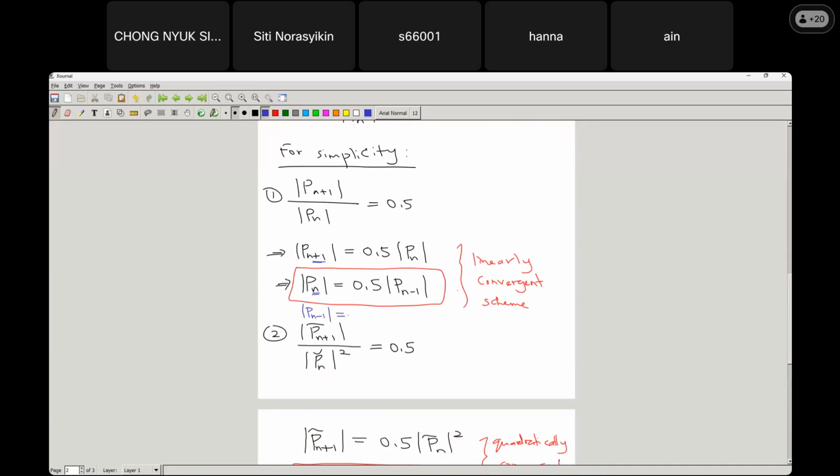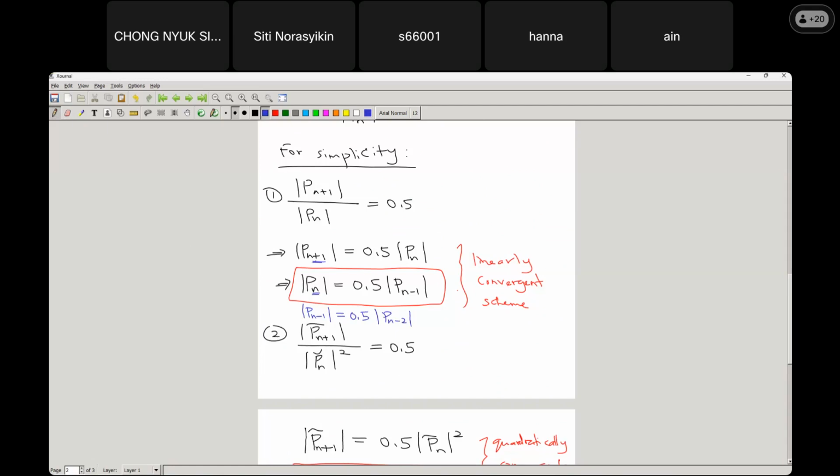So how can you get the Pn minus 1? So you see n, so this is n minus 1. So this is equivalent to 0.5 times, sorry, this is 0. I'm sorry, I should times. The next one will be Pn minus 2.